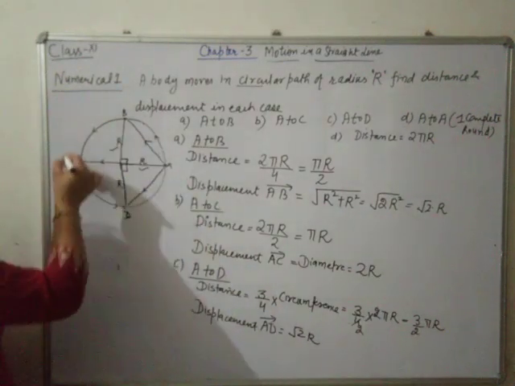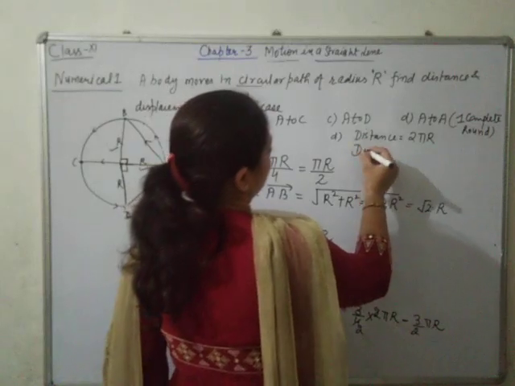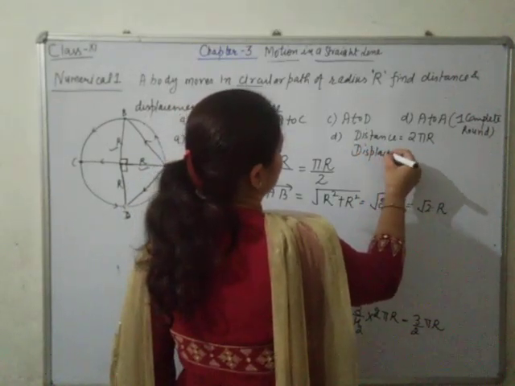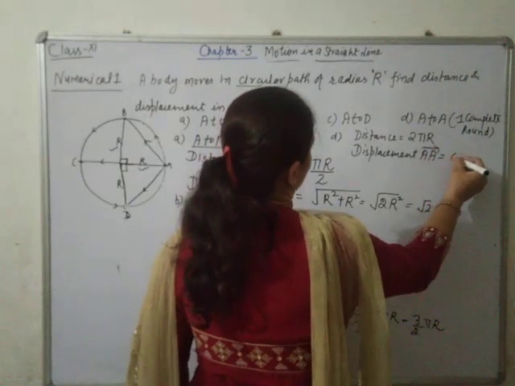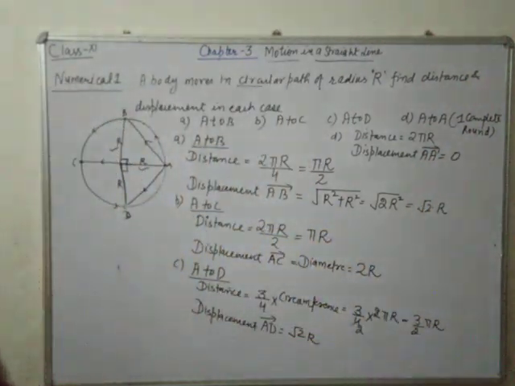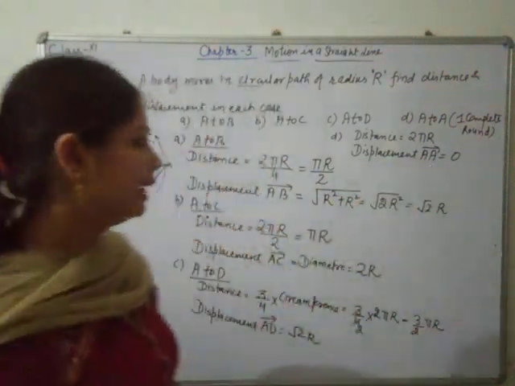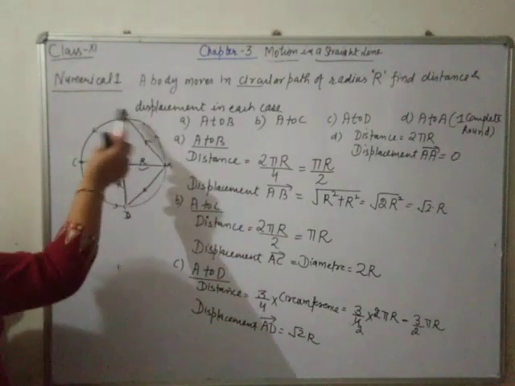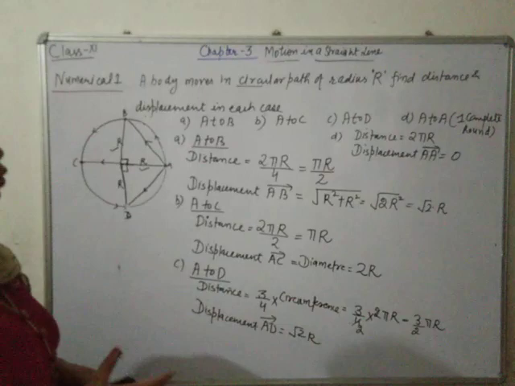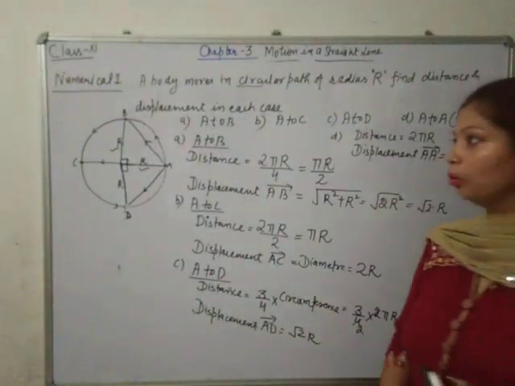Starting from A, finishing at A. So initial and final position are the same. So in this situation, displacement from A to A will be equal to 0. So during motion, distance is always non-zero. Displacement may be 0, when the body is moving in a round path, in a closed path. Okay. So in this way you can calculate distance and displacement in case of circular motion.